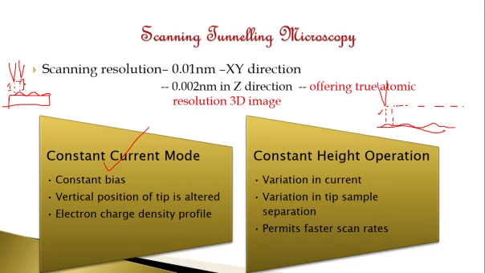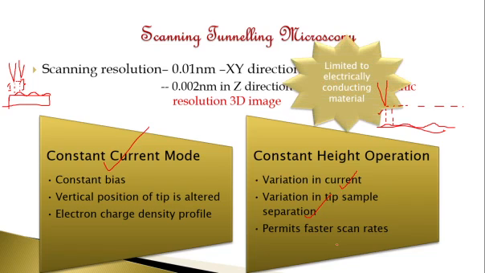So the separation between the tip and the surface may alter depending upon the features of the surface, and hence a different current will be measured at each point, due to the variation in the separation between the tip and the sample. That kind of method is called constant height operation mode, where this mode will permit a faster scanning rate.